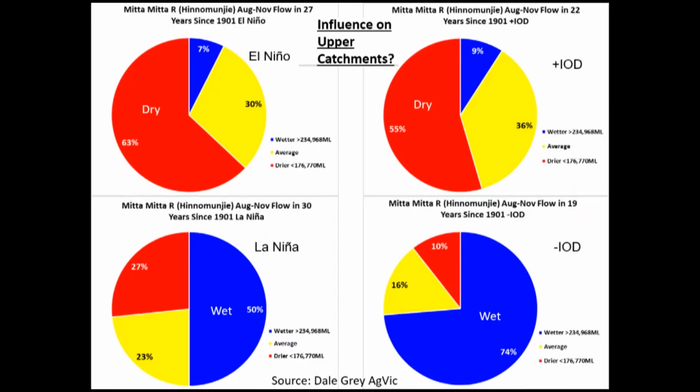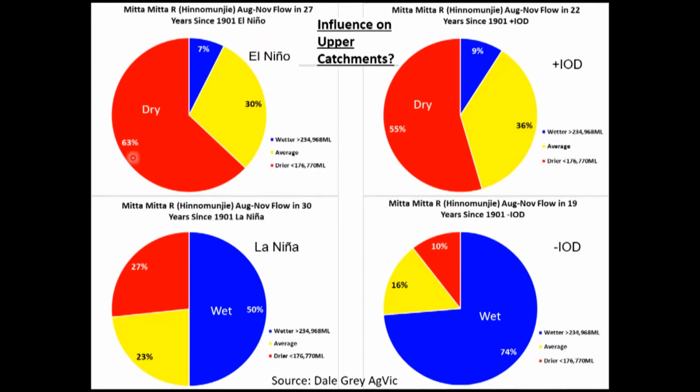A key question is, how do these climate drivers affect our upper catchments, which are pretty important for irrigators? So when we look at the Murray River and the upper catchments, we're looking at the August to November flows, and then we're looking at what's happened in the past when there have been El Nino years.